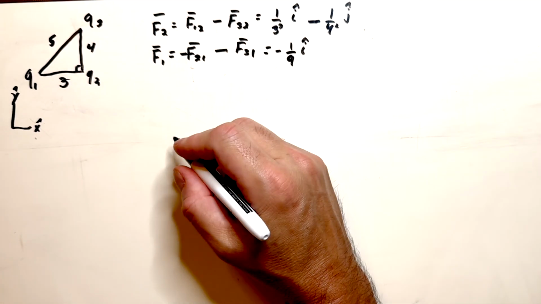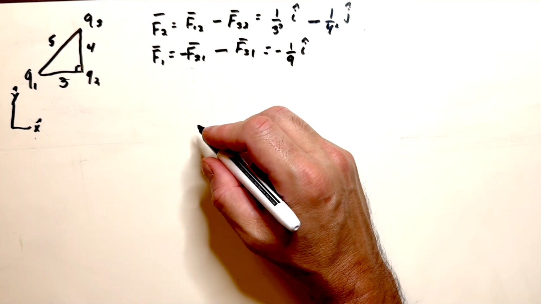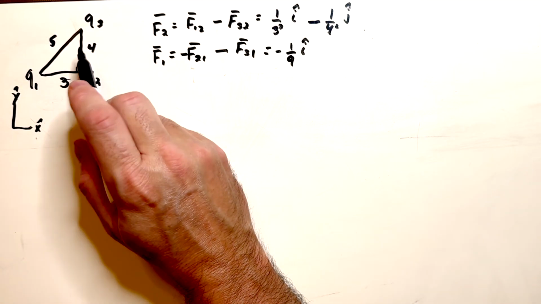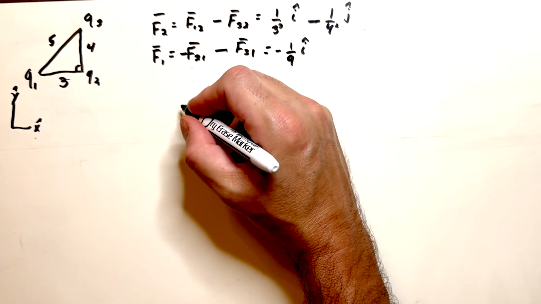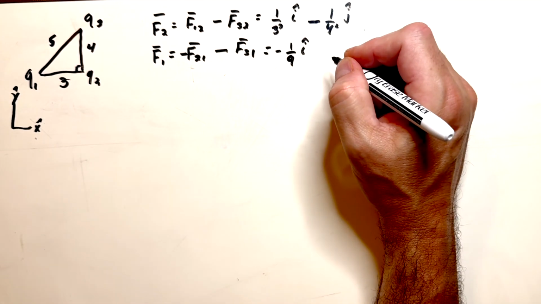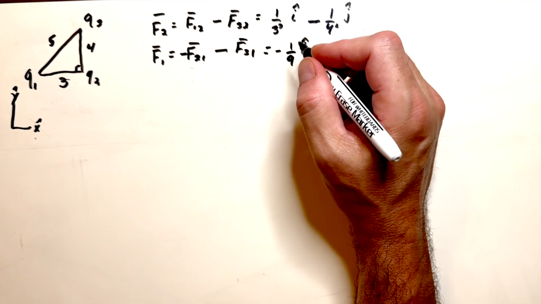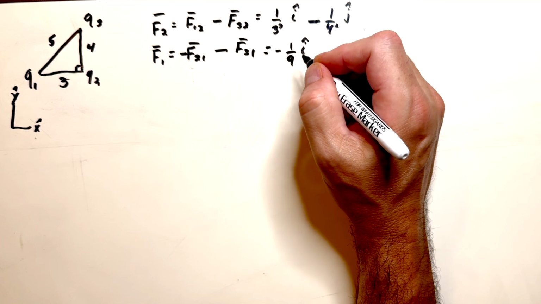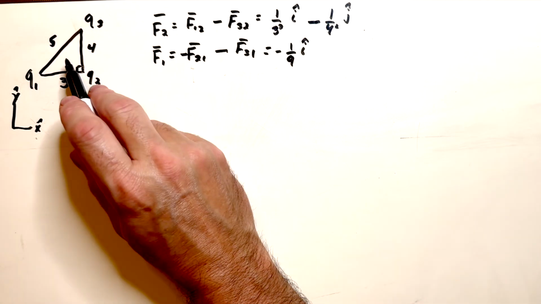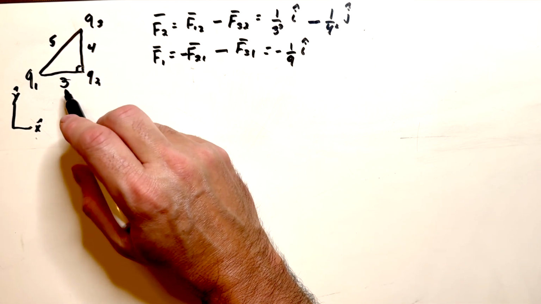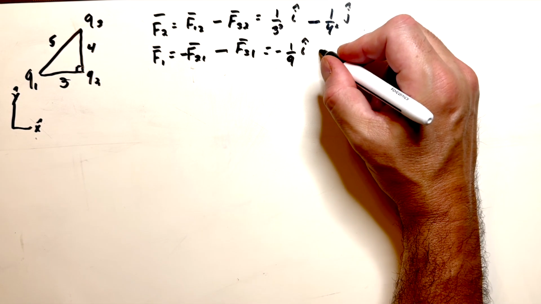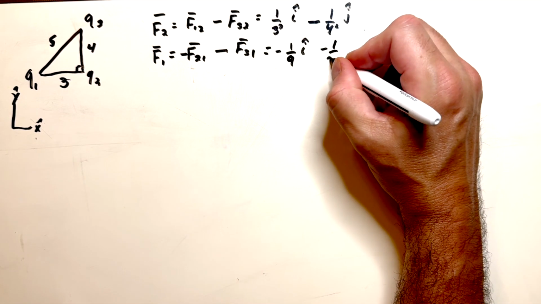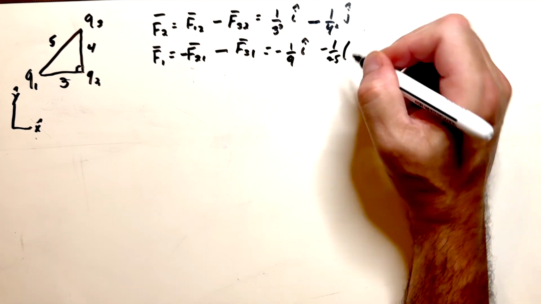And you can kind of think of this, if we knew what that force was, it's going to be the magnitude of this, right? And so the magnitude of this is just 5. Well, it really is going to be 1 over 5 squared, excuse me. The magnitude of this is going to be 1 over 5 squared, or 1 over 25. So I'm going to put minus 1 over 25 times.